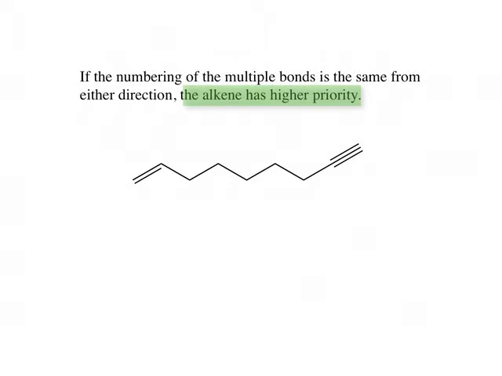And as the higher priority, it is going to get the lower number. So, in this particular example, I would be starting here. 1, 2, 3, 4, 5, 6, 7, 8, 9. The alkene won because there was a tie with the numbering.